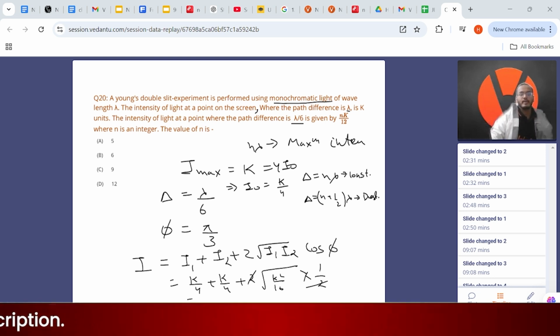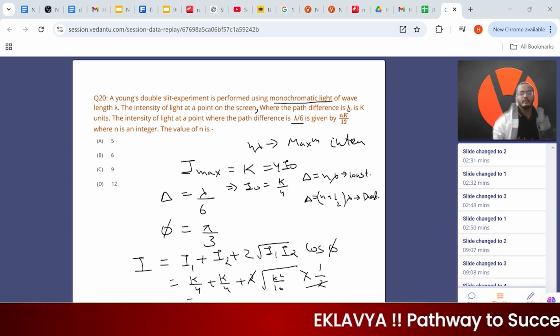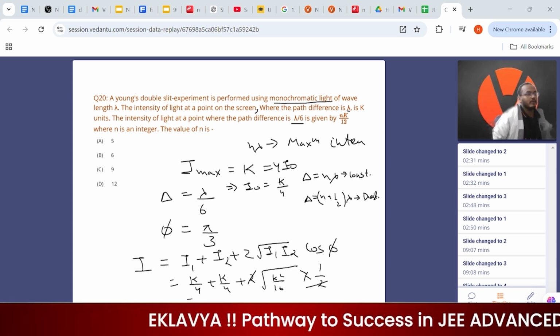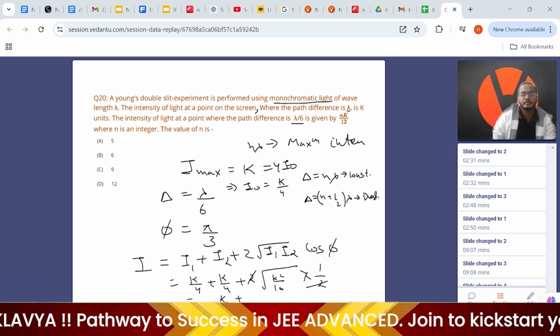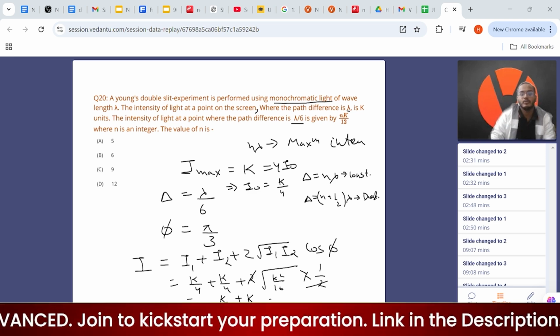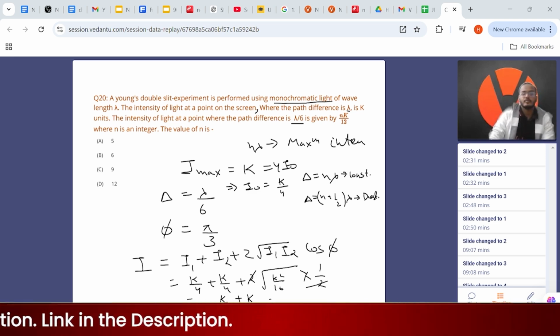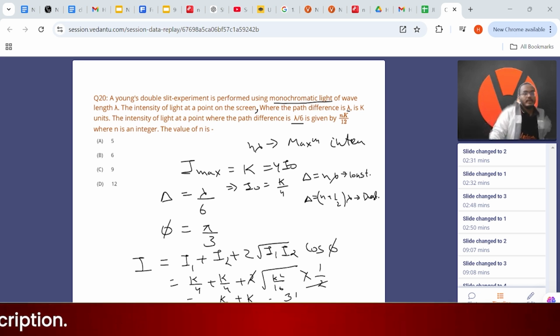So it will become 2K by 4, so it will be K by 2, plus K by 4, so it will be equal to 3K by 4.